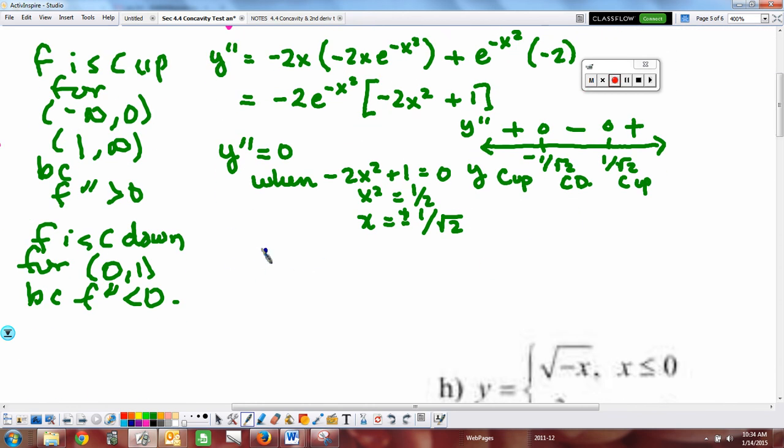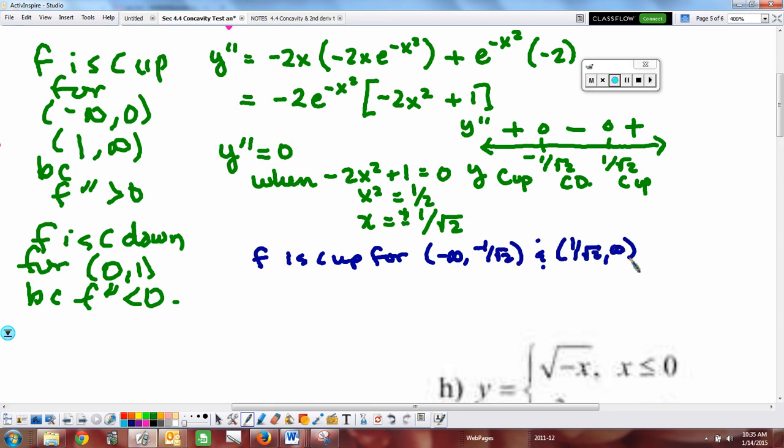that f is concave up for negative infinity to negative 1 over square root of 2 and 1 over square root of 2 to infinity, because f double prime, let me use y because I've got to use the labels that they gave me. Y is concave up because y double prime is greater than 0.